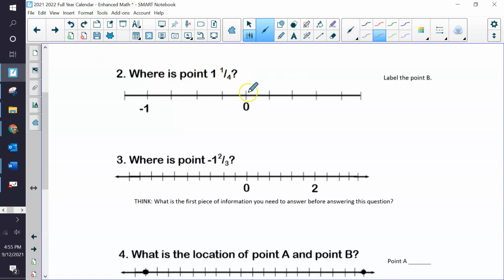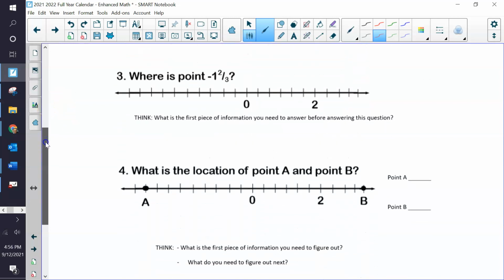So I'm going to go in the positive direction and find out where number 1 is. That's the first step. Where are the whole numbers? So 1/4, 2/4, 3/4, 4/4. So this mark right here, that's the number 1, and 1 and 1/4 would just be one more jump after that. So this is going to be 1 and 1/4. They tell us to label that point B, so we're just going to put a B right there.